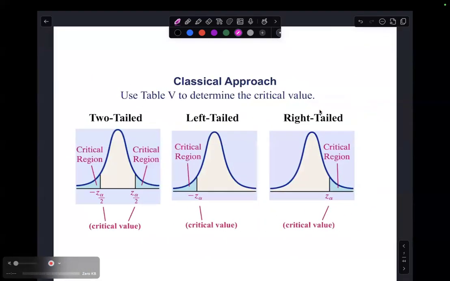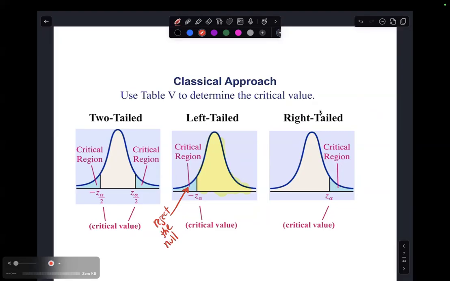Okay. This is just what it looks like when we're comparing it. If this is my confidence interval right in here, if my test statistic lands out here in the critical region, I will reject the null hypothesis.